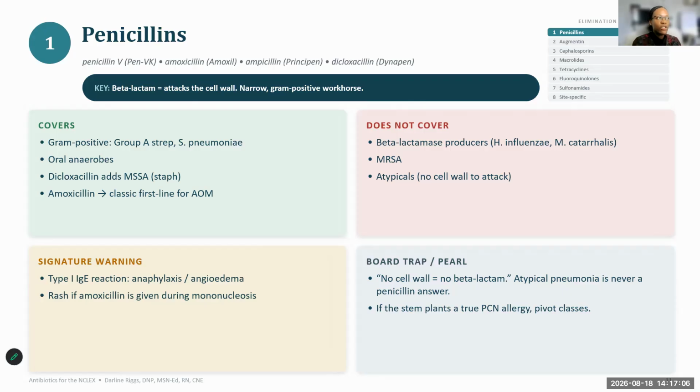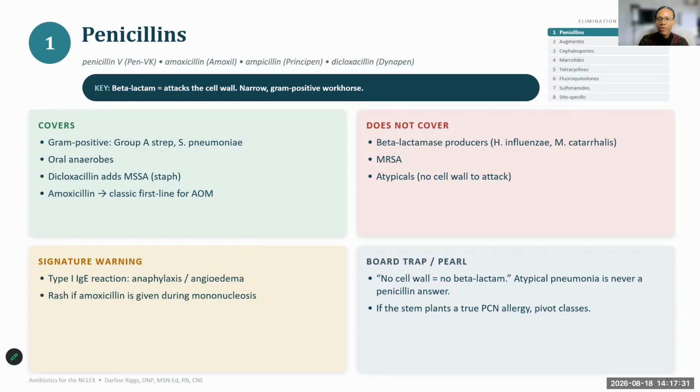All right, so signature warning. What type of reaction? If they've had a penicillin reaction, ask. We want to know, okay? Because if it was minor, then we know, okay, we can try some things. If it was major, then we know this is not for you. You're truly allergic. Let's move on to something else. So board trap.